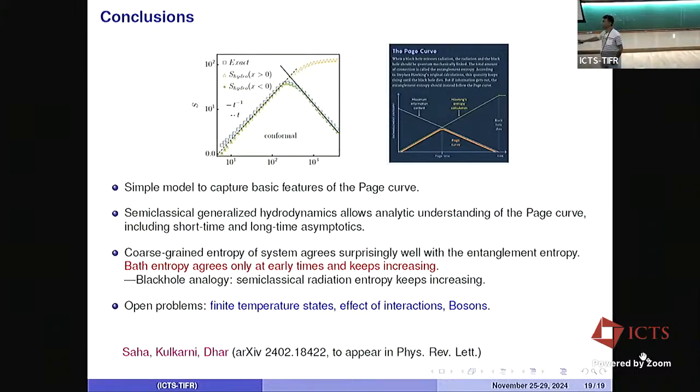For the full system, of course, it's zero, right? Yeah. So when you plot this, you're plotting something else probably. Here I'm plotting the entanglement entropy of part A. Part A plus part B is the full system. I'm plotting the entanglement entropy of part A. Wasn't this yellow thing the reservoir, or did I probably miss it? Yeah, the yellow thing is the reservoir entropy.